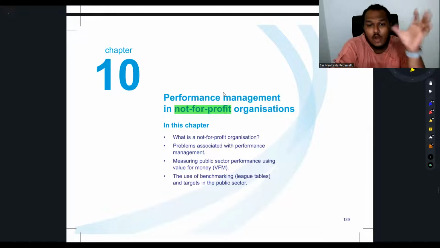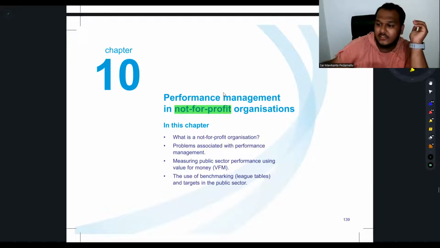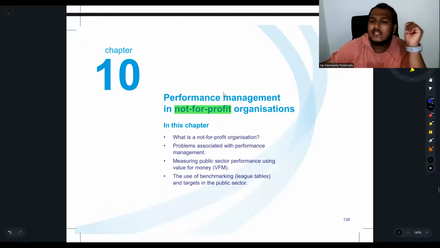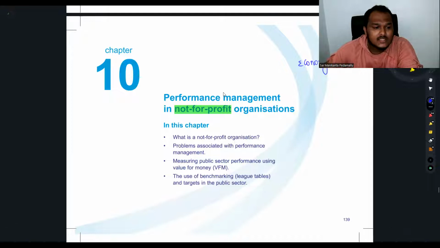For not-for-profit entities, their performance is evaluated on the basis of 3 E's: economy, efficiency, and effectiveness. Very quickly, one word answer. What is economy? Money. Very good. Or if I expand it a little bit, you said low cost.